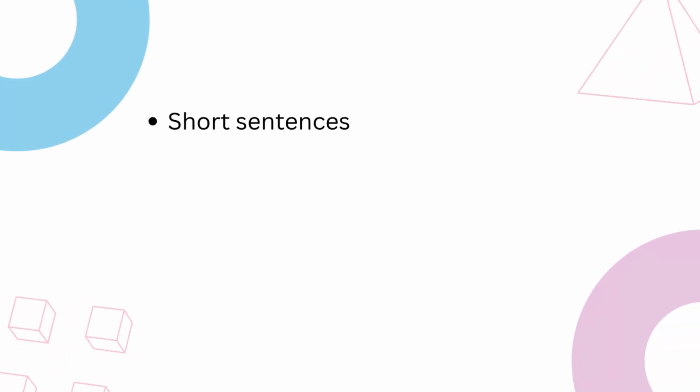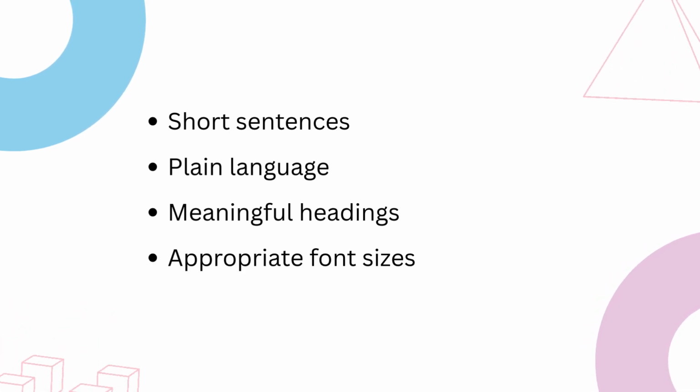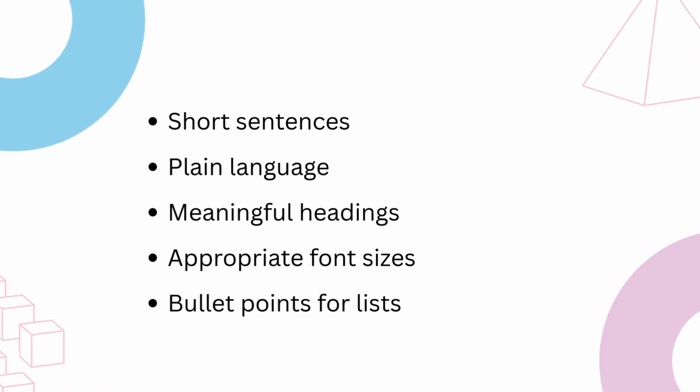Now, this isn't to say that words don't matter, because they do. What it does mean is that we should be optimizing for how people scan. For example, we could use short sentences, plain language, meaningful headings, appropriate font sizes, and bullet points for lists.